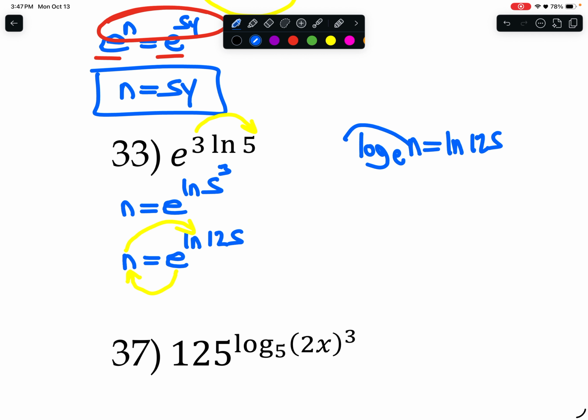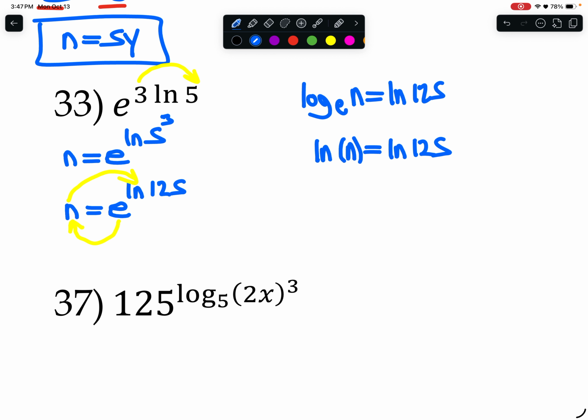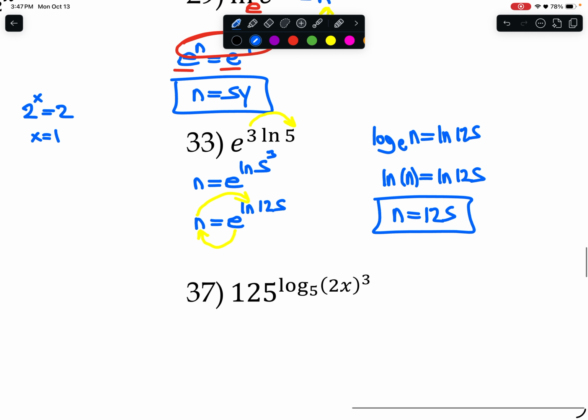Now remember, if I have a logarithm with a base of e, that's the same as just doing a natural log. So I'm writing that in parentheses just to give myself a little distinction and separation. So now that I have the same logarithm, set my arguments equal. So my mystery value here is the same as just writing 125.